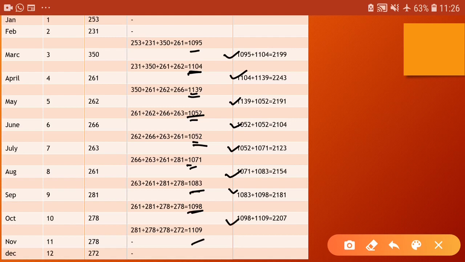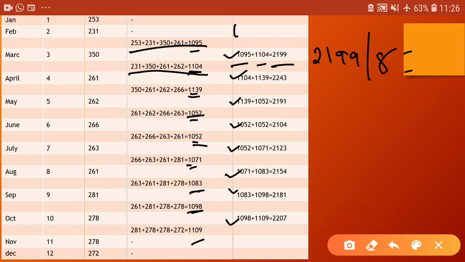Now this is the pairwise total, and I explained to you by which number we will divide it. We will divide these by 8. Why 8, sir? Because this 2199 is the total of 1095 and 1104. 1095 is the total of 4 years and 1104 is the total of 4 years. So the total of 4 years plus the total of 4 years is the total of 8 years.